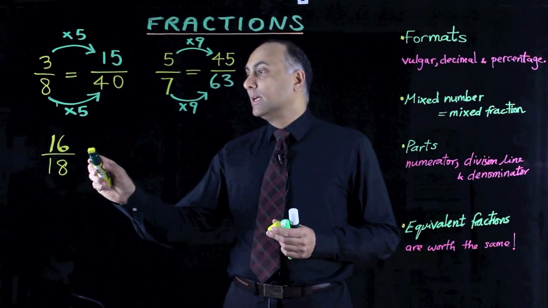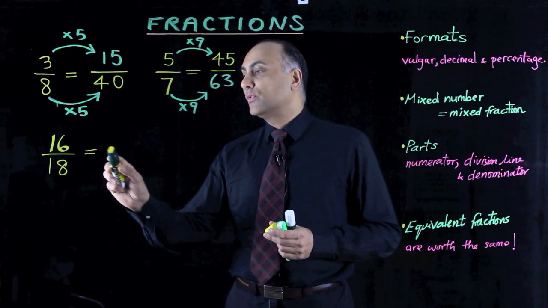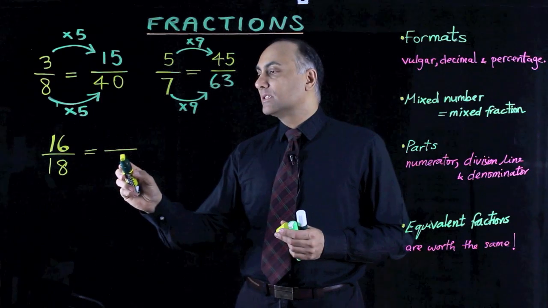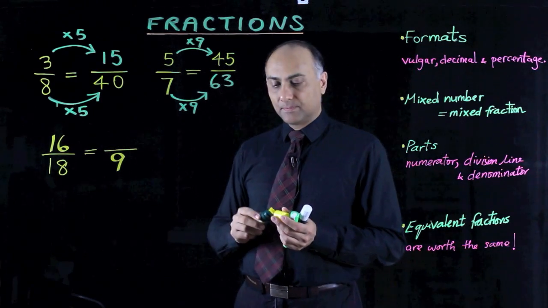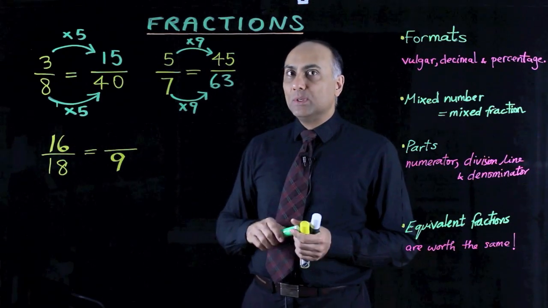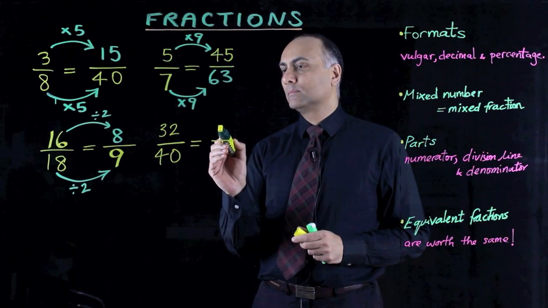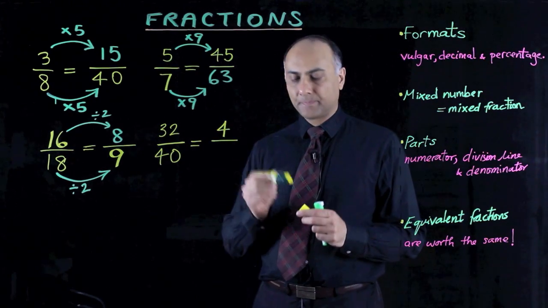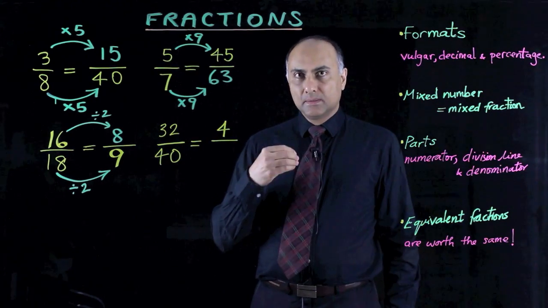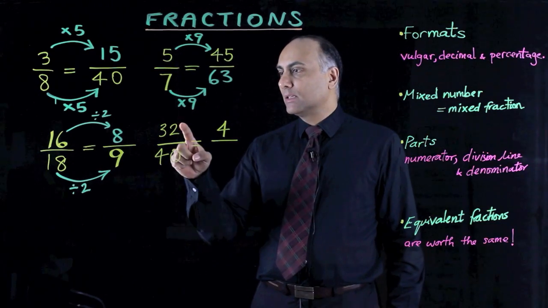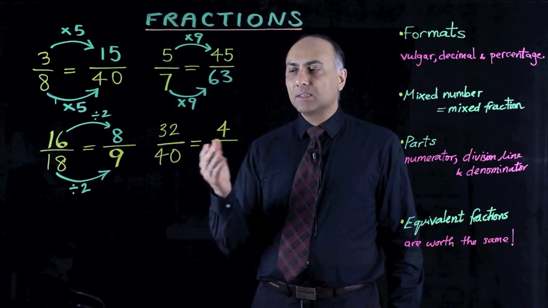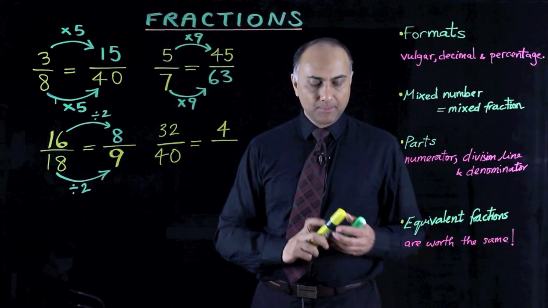Supposing we wanted to make an equivalent fraction with smaller numbers than the given number. So in other words, the denominator in the new fraction is smaller than the original. Well, here what we do is scale the numbers down. Supposing we wish to express 32/40 as 4/something.